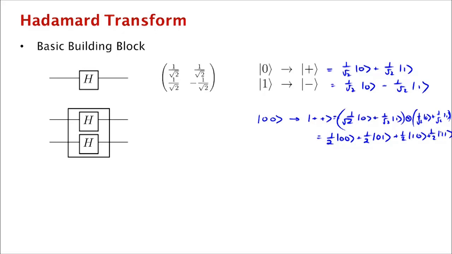So what it does is it takes 0, 0 as input and outputs an equal superposition over all the 4 inputs. And now you can work this out for all the other input strings.